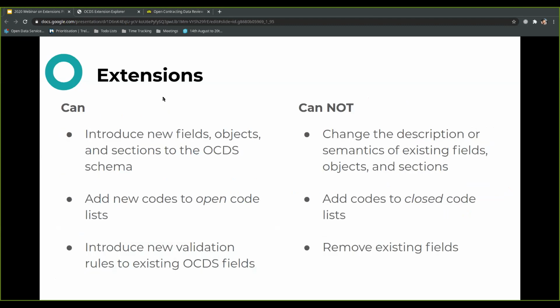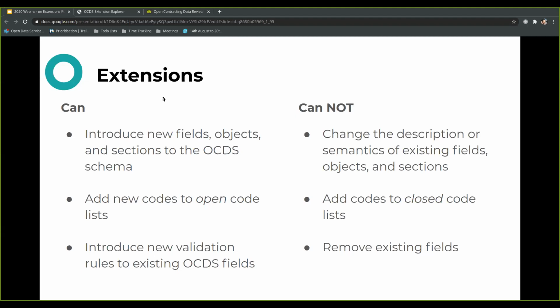So all of this is building up to what extensions do. They interact with the schema, and they do this by adding things and increasing validation rules and increasing the scope of what is covered in the OCDS schema for your particular context in a flexible way. However, there are things that extensions cannot do.